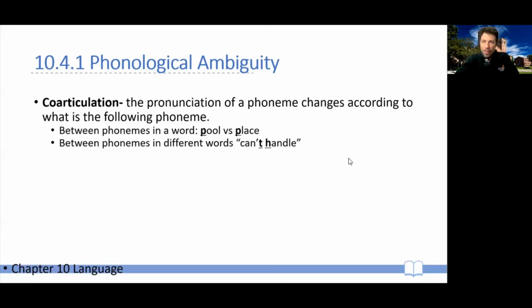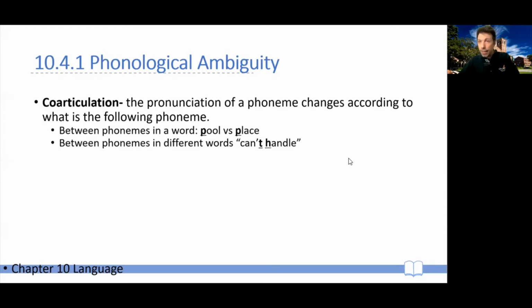As a child, as an infant who's developing language and who's trying to figure it out, this is very problematic because the very basic unit of our language actually is very unstable. According to what follows each phoneme, you will pronounce a given phoneme in a slightly different way. And this can either happen within a word, such as the example of pool and place, but it can also happen across words.